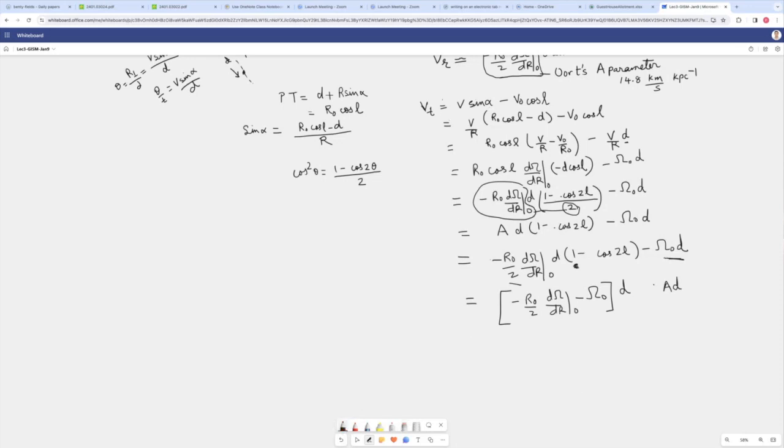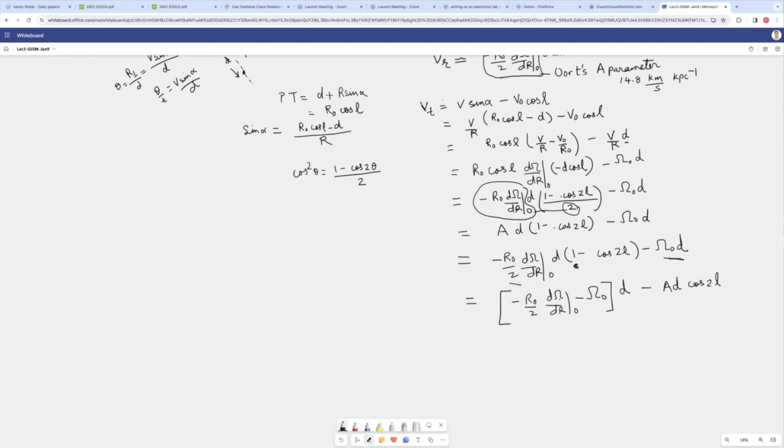We have plus A d cos 2l, because this minus r0 by 2 d omega/dr is A. And then you have A d cos 2l. So this is actually a minus sign, not a plus sign. This is actually a minus sign. Let's see. This is what I get.